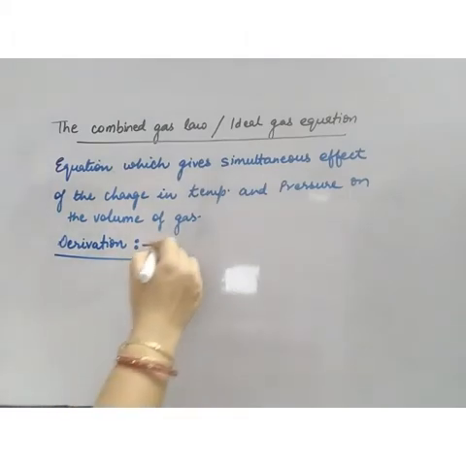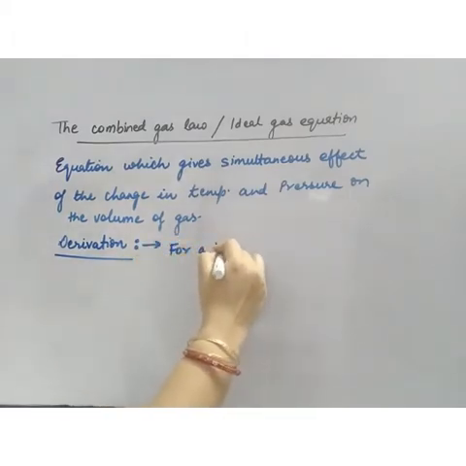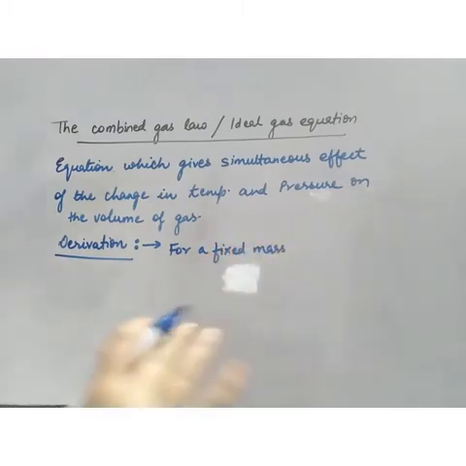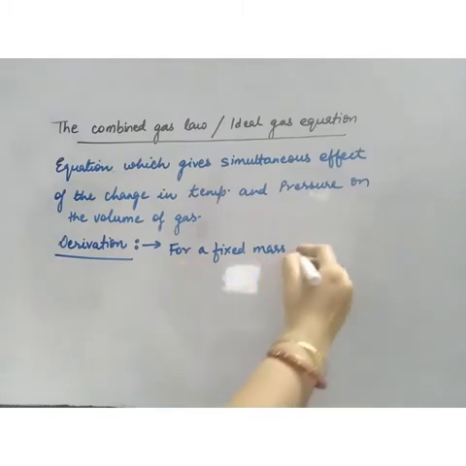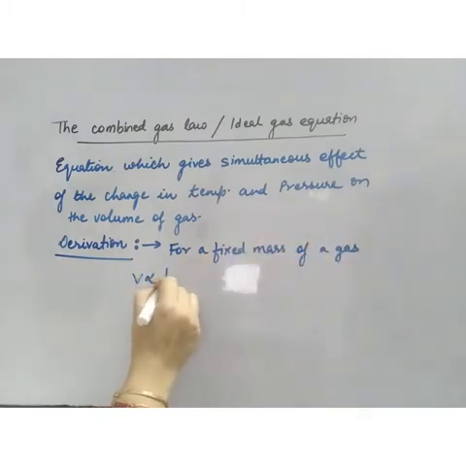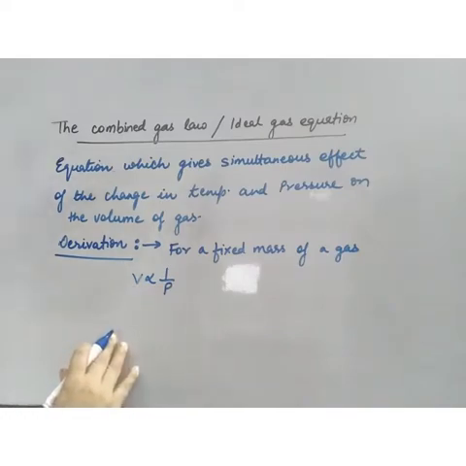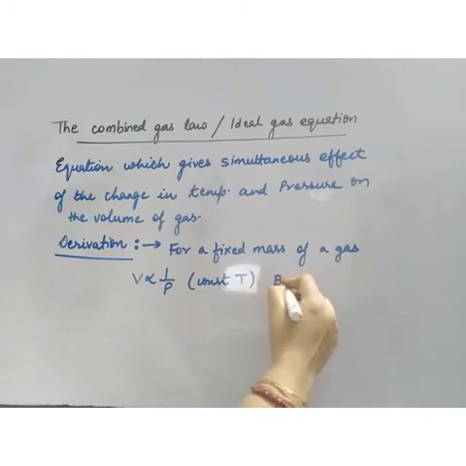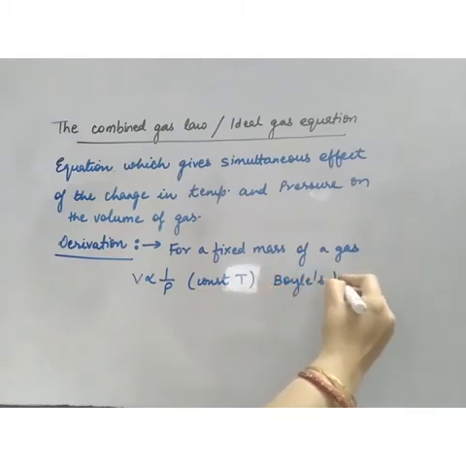Now, for a fixed mass of gas, the gas laws are applicable only when the mass of gas is fixed. So for a fixed mass of gas, volume is inversely related to pressure at constant temperature. This is in accordance with Boyle's law.